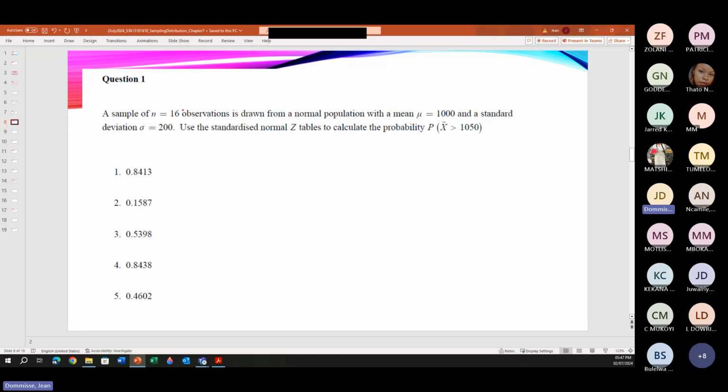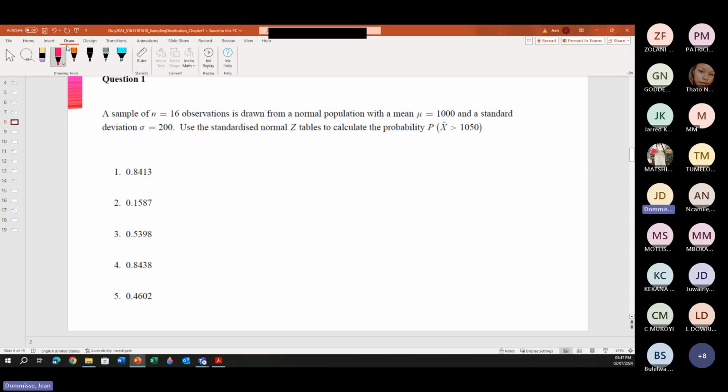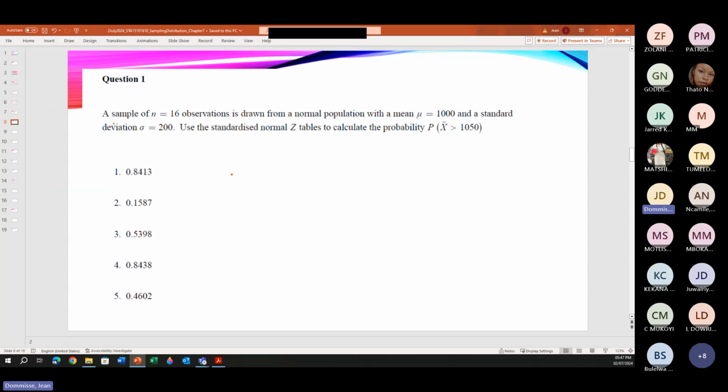Okay, so let's look at this question, and let's see what they ask us. They tell us a sample of n equal to 16 observations is drawn from a normal population with a mean of 1000, standard deviation of 200.